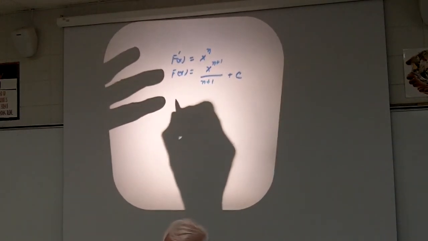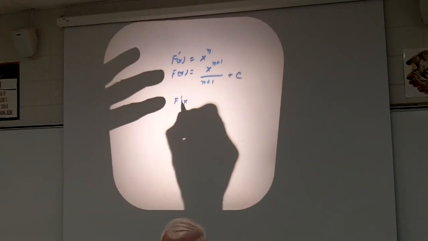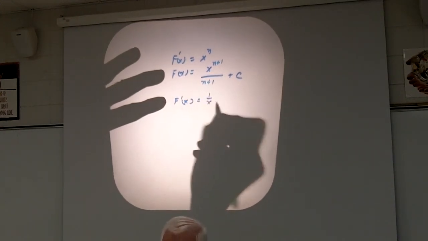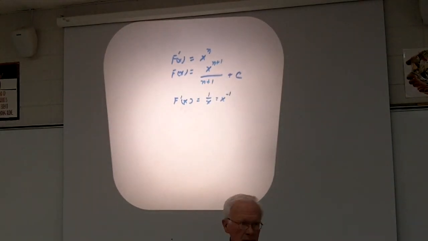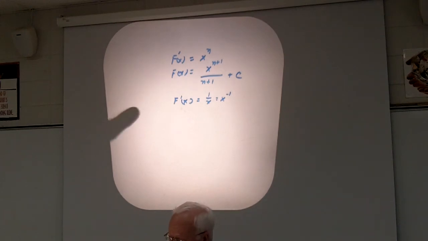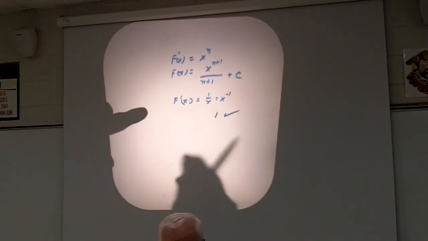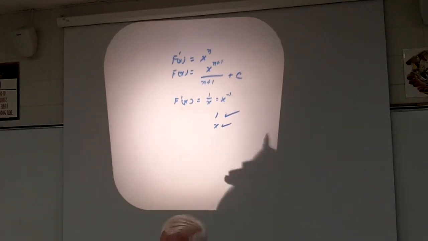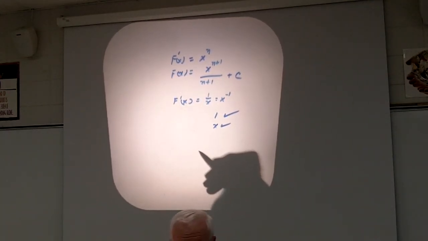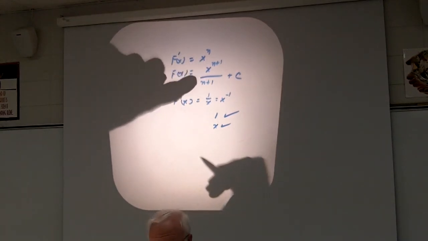Now, how about this one? F prime of x equals 1 over x, or x to the minus 1. It's x to the 0. Now somebody said ln of x. Now let's use this property up here.